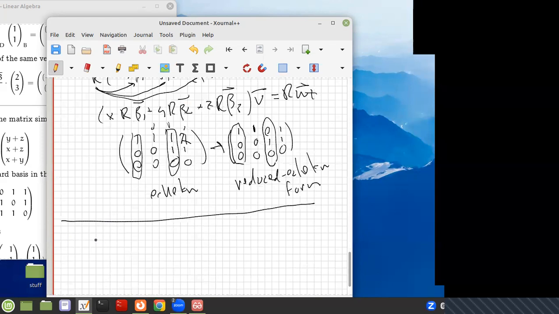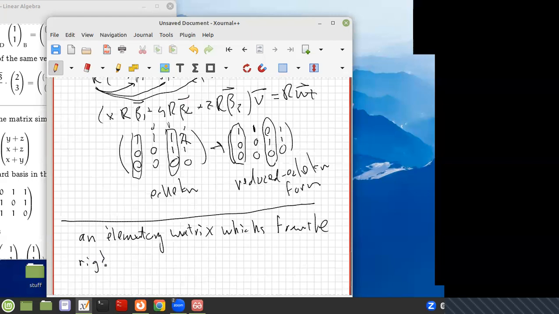which is, it turns out that an elementary matrix, so here's the point, an elementary matrix which acts from the right rather than the left, okay?